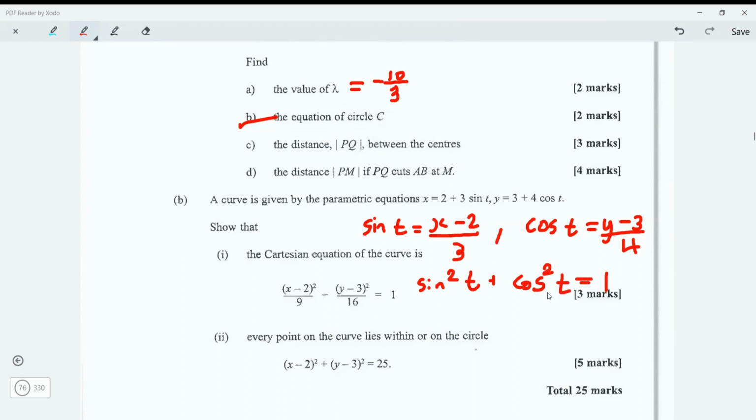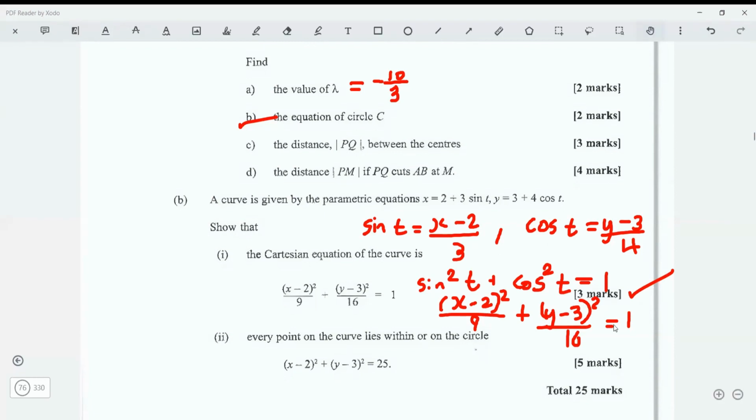So since sine square plus cos square equal 1, if you square this, Marika, you'd end up get x minus 2 all square over 9, plus y minus 3 all square over 16, and equal 1. So that easy. 3 marks, easy done. That easy, right? Yes, sir. Easy 3 marks.